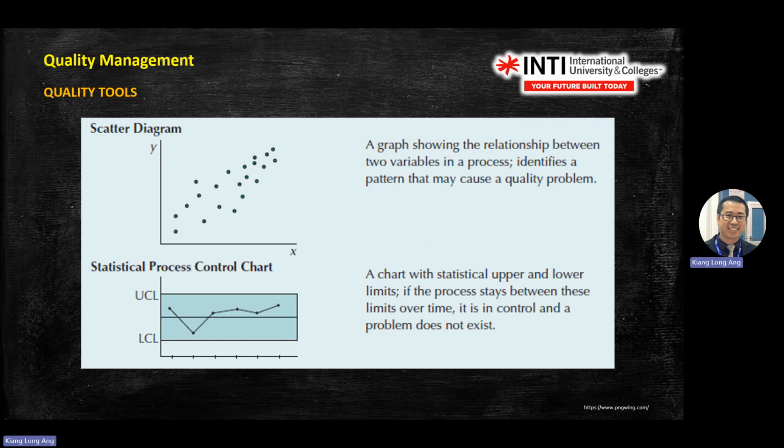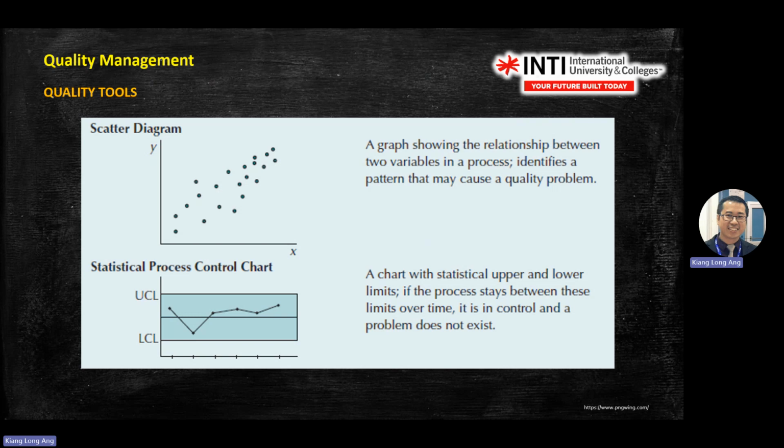Okay, so later we will focus on the statistical process control chart. Our objective today is to teach you how to calculate the UCL and LCL. What is UCL? It's on the top. UCL stands for upper control limit. So this is the mean.